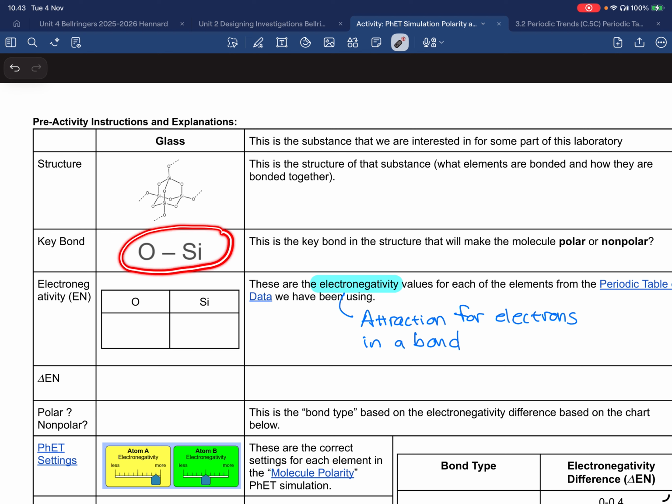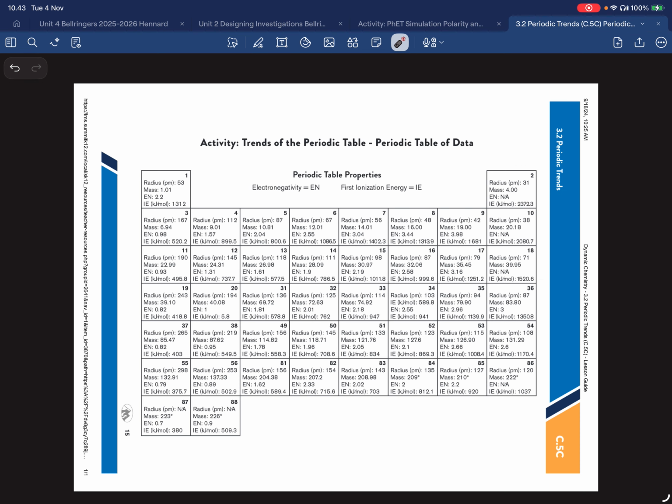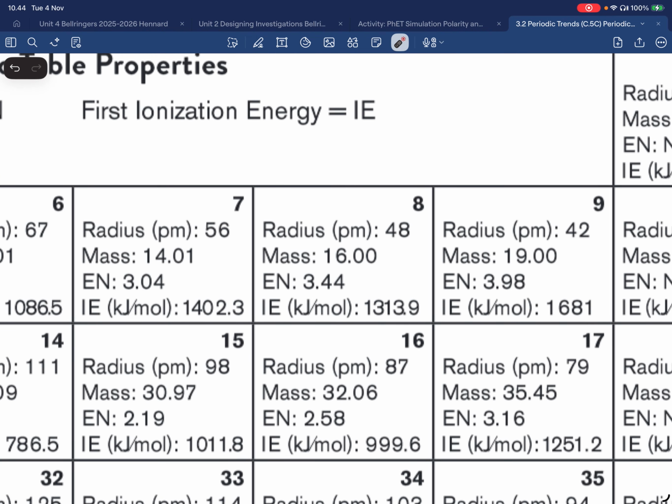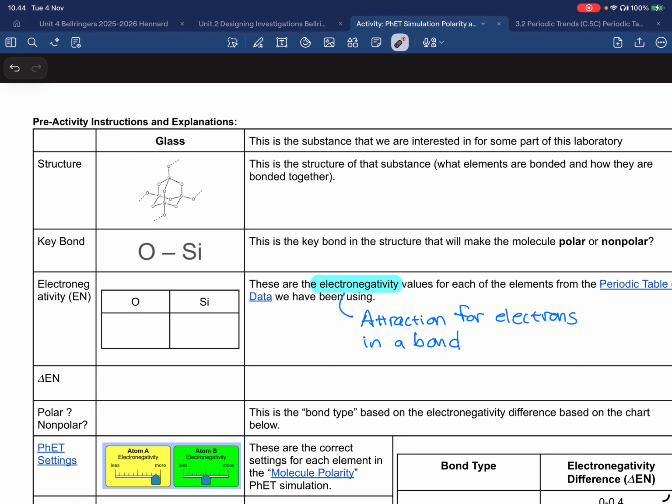All right? So what you're going to do is turn this page over and find the periodic table of data. You know that oxygen is element 8, and so the electronegativity will be 3.44. Then you'll come back over here and write 3.44.